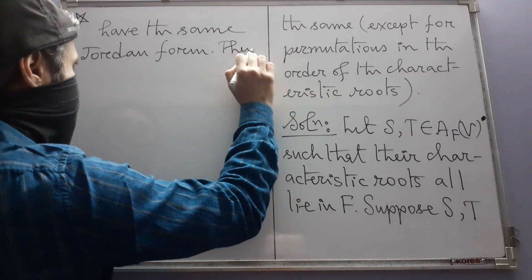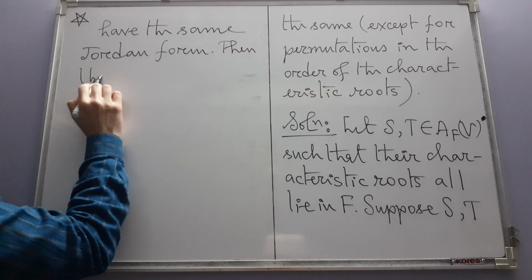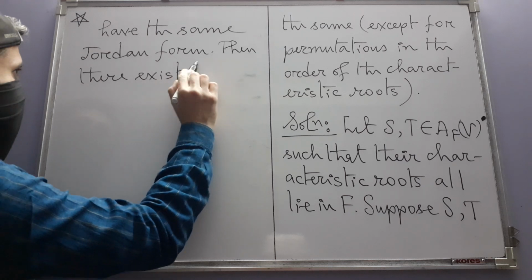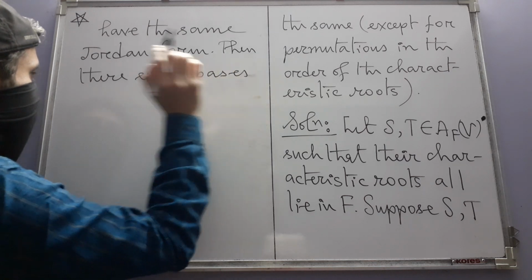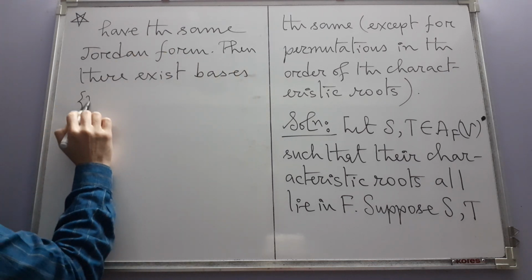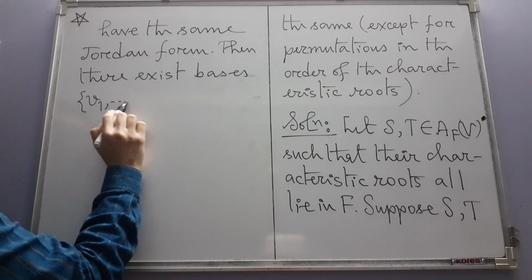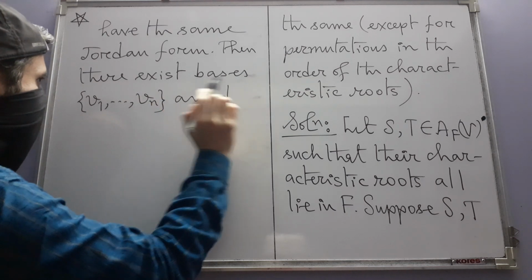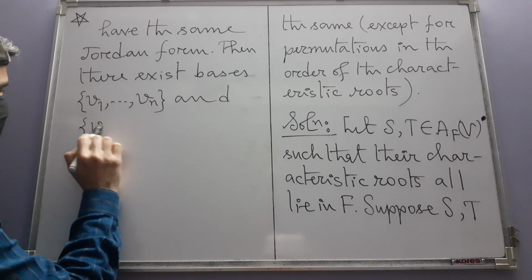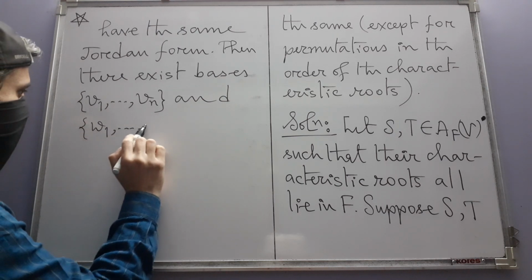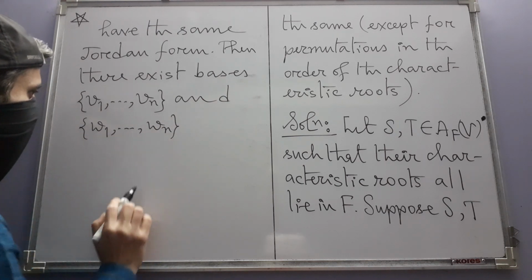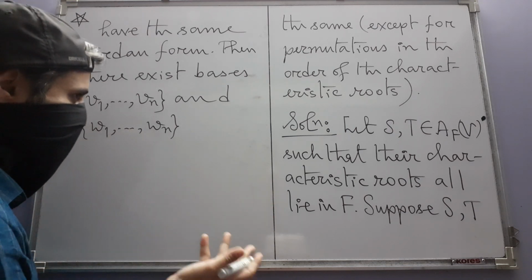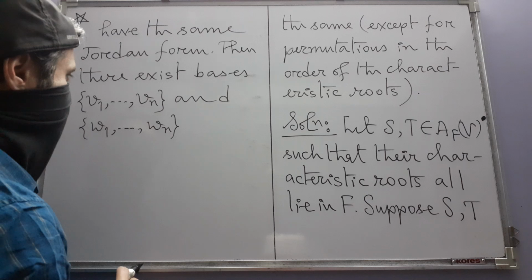Then there exist bases V1, V2 up to Vn and W1, W2 up to Wn, assuming that our vector space is n-dimensional. It's understood, of course, that V is finite dimensional.